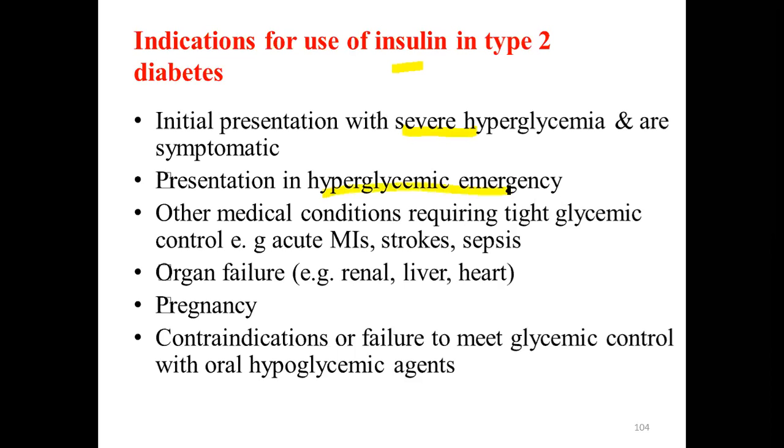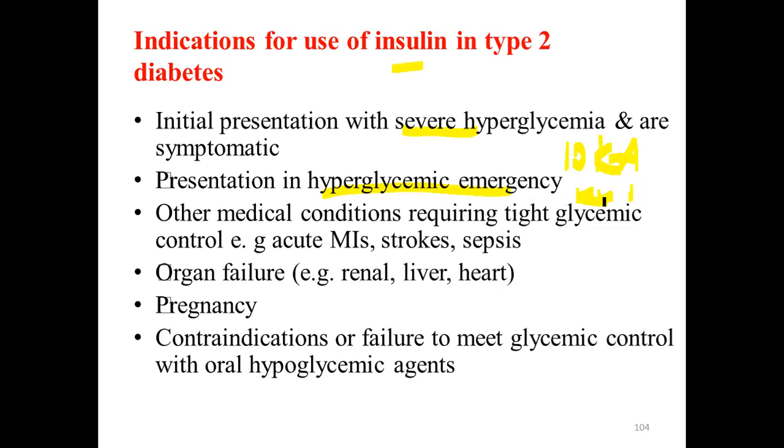Then, in case of hyperglycemic emergencies, diabetic ketoacidosis and hyperosmolar hyperglycemic status are the most common types, which can happen as a result of glucose toxicity, very common in the practical setting.